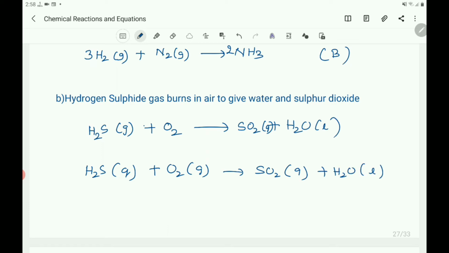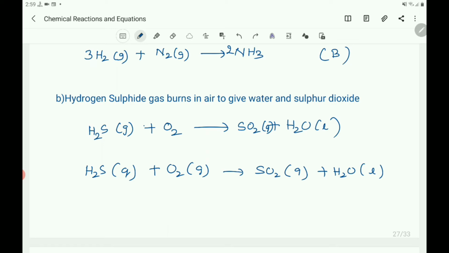Now let us try to balance it. Here you take O2, 2 are there, and one more O is there. Next you go through hydrogen, H2 is there, H2 is there.